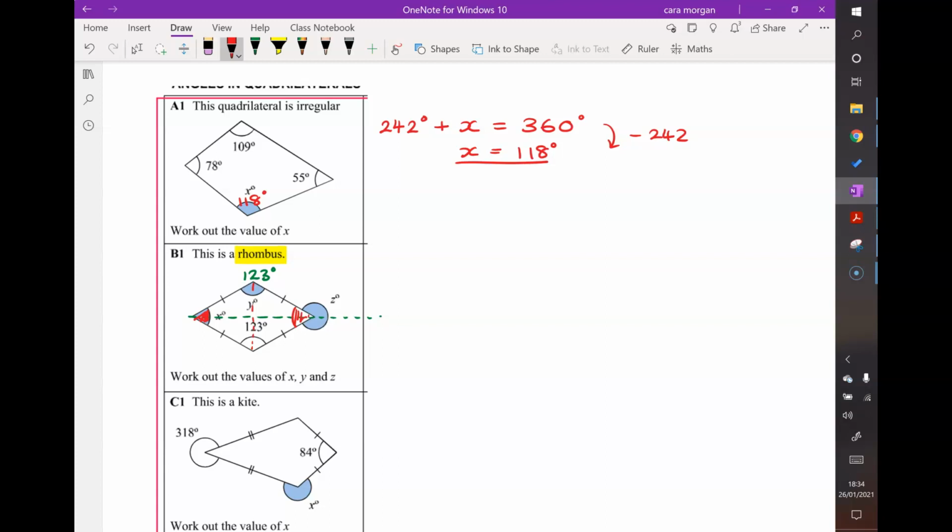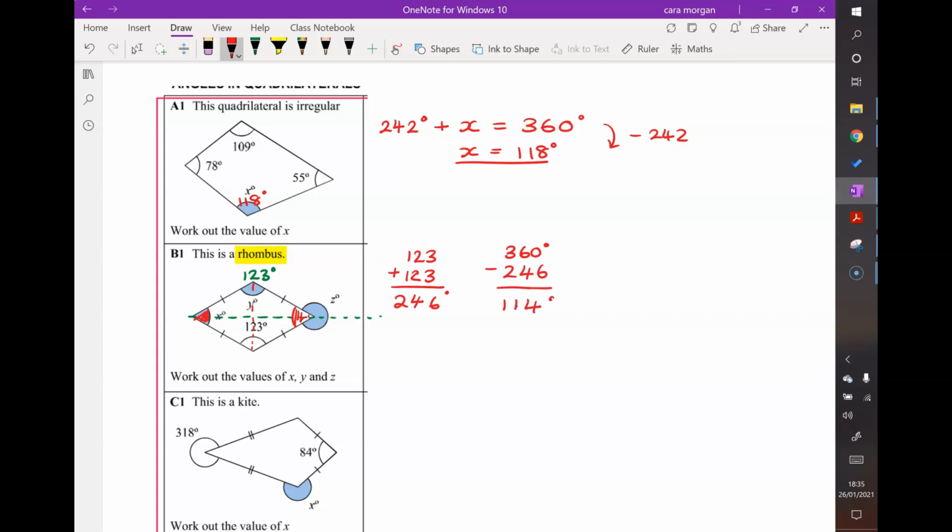So there's a couple of ways that I could work this out. I could, if I wanted to, add 123 and 123 and get 246 degrees. And if I did 360, take away 246, I get 114 degrees.